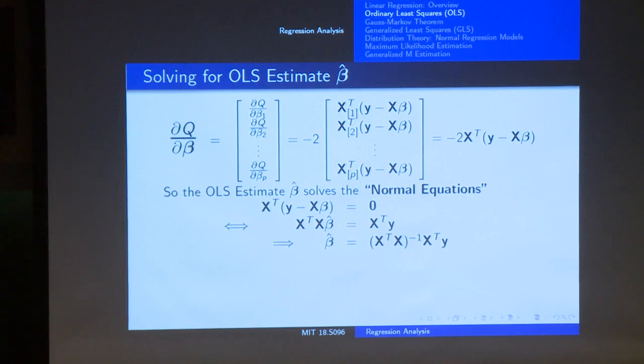If X transpose X inverse exists, we get beta hat equal to (X transpose X) inverse X transpose y. So with matrix algebra, we can actually solve this. Matrix algebra is going to be very important to this lecture and other lectures, so if you're a bit rusty on this, do brush up.